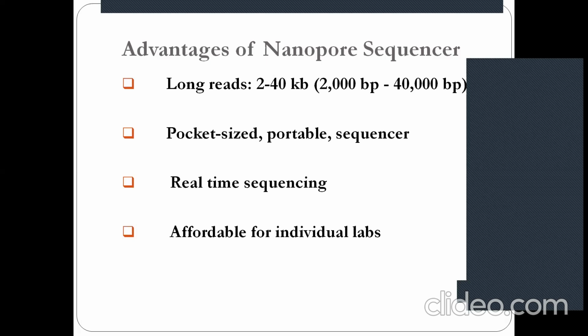The most advantageous at this moment is the Oxford Nanopore platform, because the size is very small. We call it a pocket sequencer, just a bit bigger than a normal USB device.